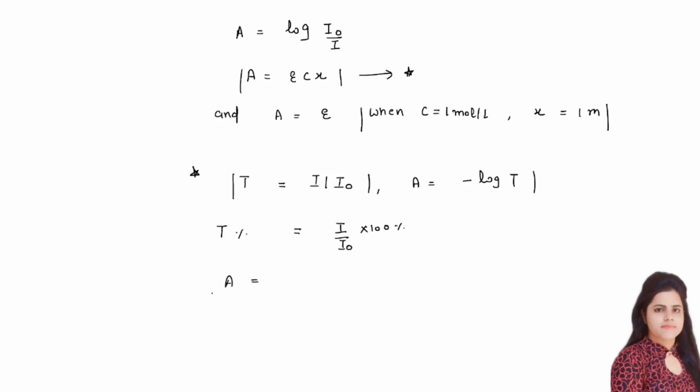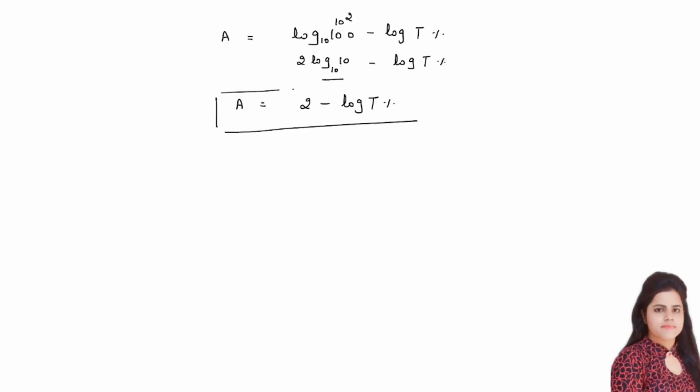Then I will use in the absorbance form, and it will become minus of log of 1 by T. Then it can also be written as log 100% by T percentage. And A can be written as log 100 minus log T percent.